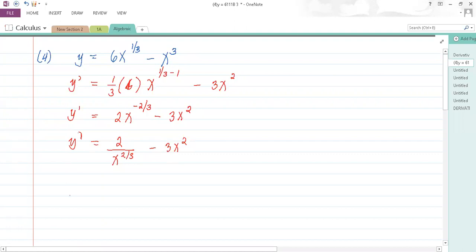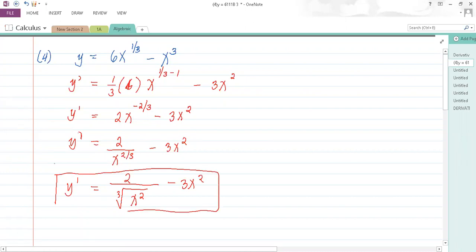Or we can actually write the x raised to 2/3 in radical form, that is over the cube root of x raised to 2. Okay, so minus 3x squared. So this will now be our answer for the given function. Okay, so let's move on to the next.